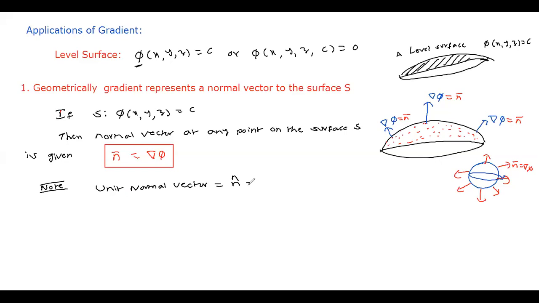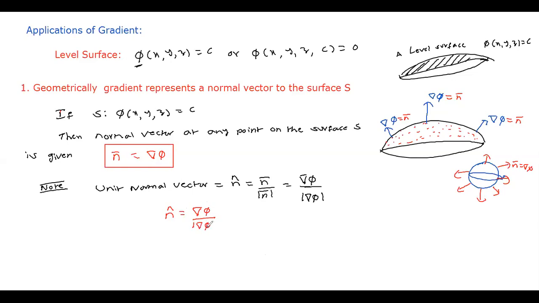So this is n bar by mod n bar, that means del phi by mod del phi. So n cap equals del phi by mod del phi.